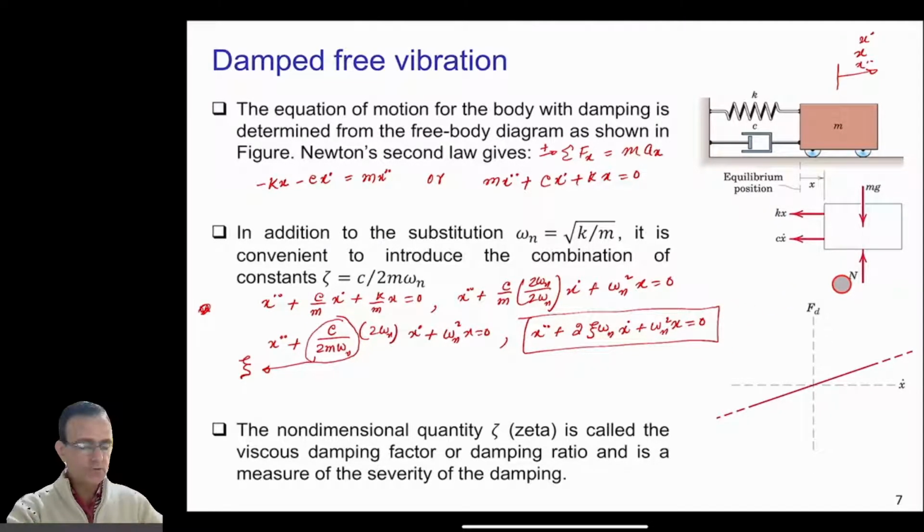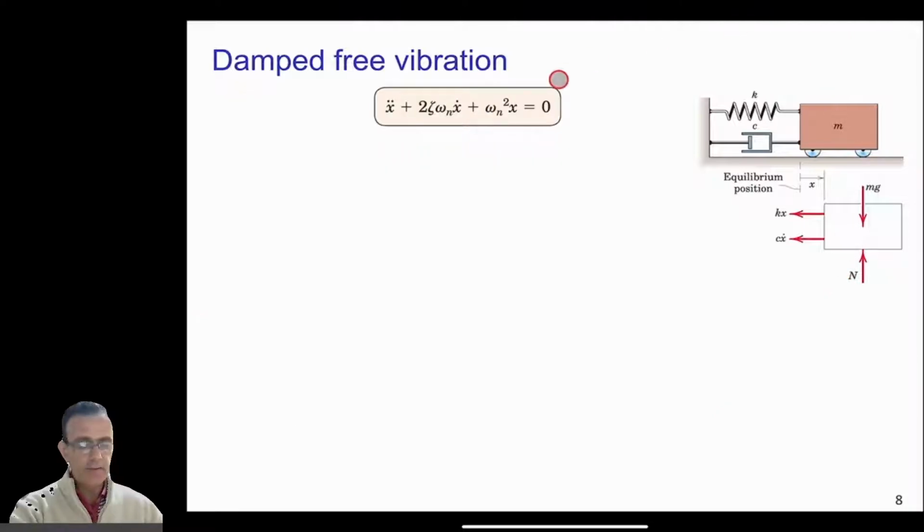So to solve this equation, if you just consider x double dot plus 2 zeta omega n x dot plus omega n square x equals 0.